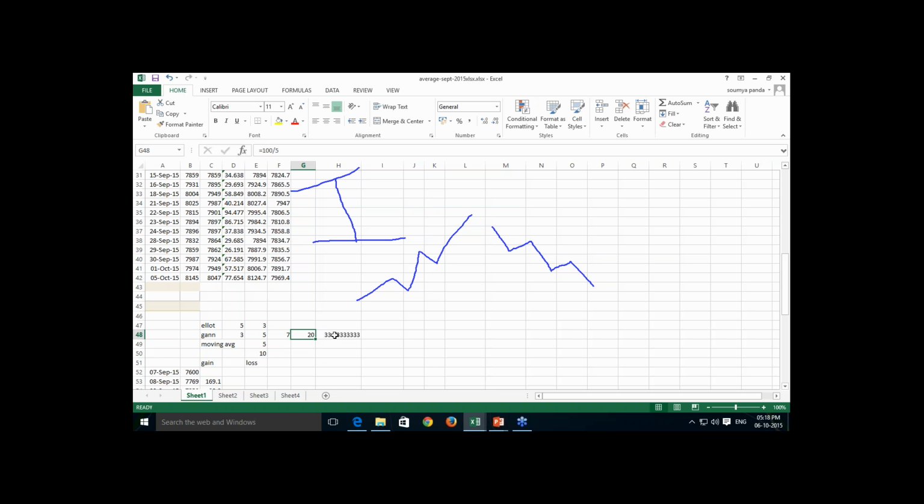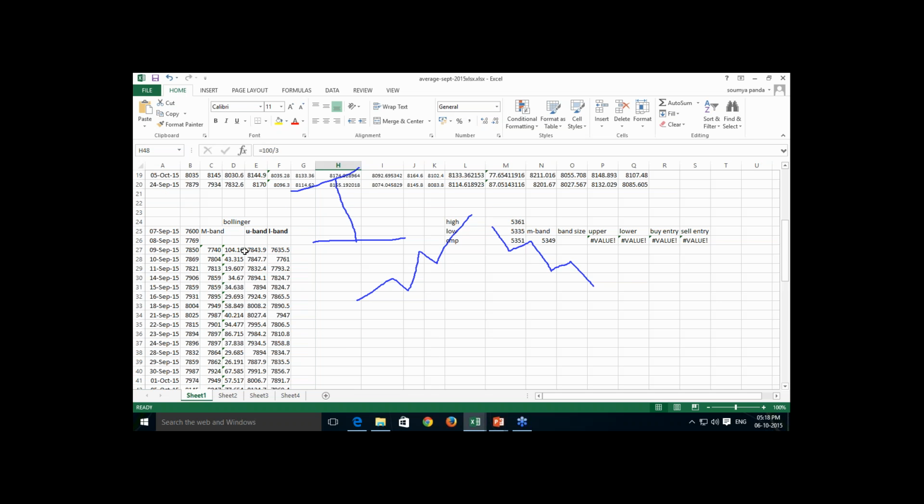Why is it the 20-period moving average? Here the 20 is derived because 100 is split into 5 equal segments, considering one impulse will have 5 segments. Similarly, one corrective action will have 3 segments. So 20 period and 3 period. Here I have taken the 3-period exponential moving average and derived the middle band, upper band and lower band.